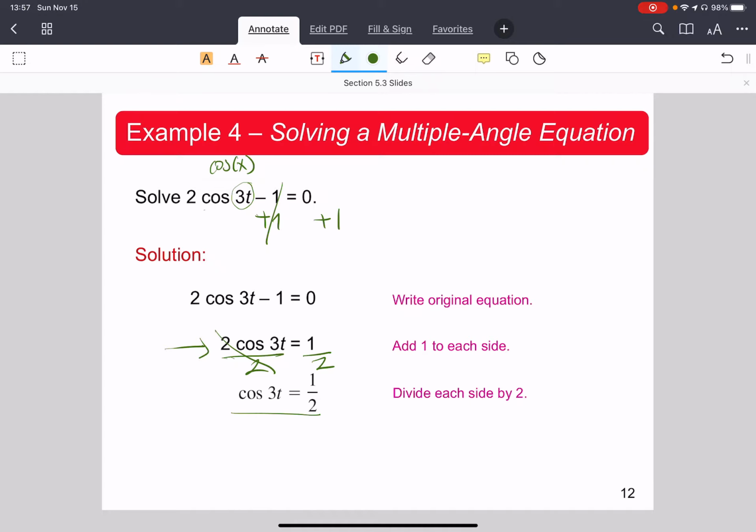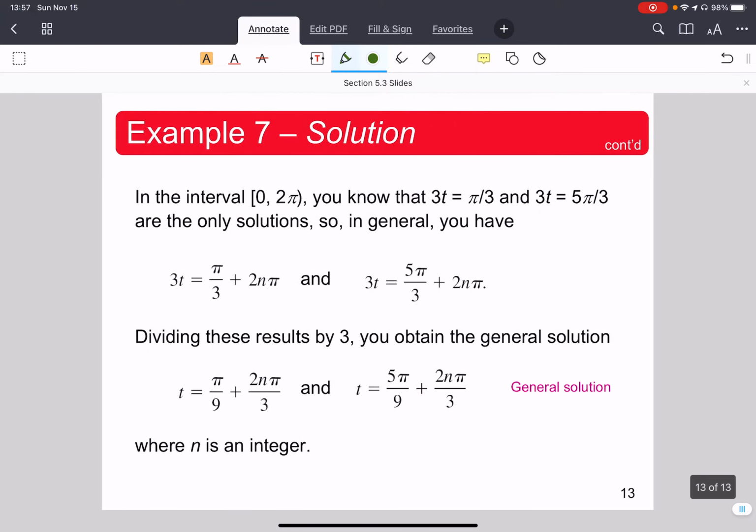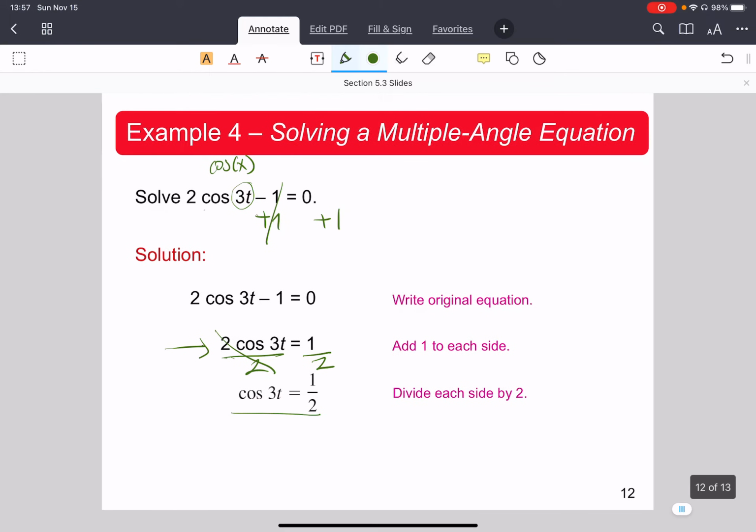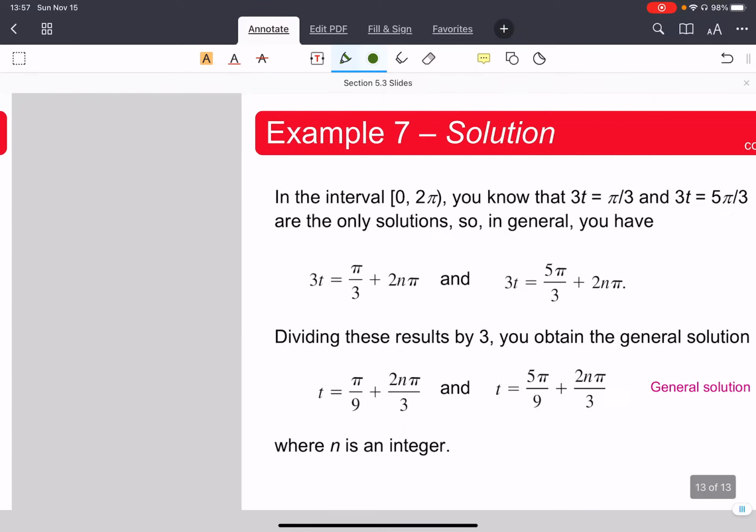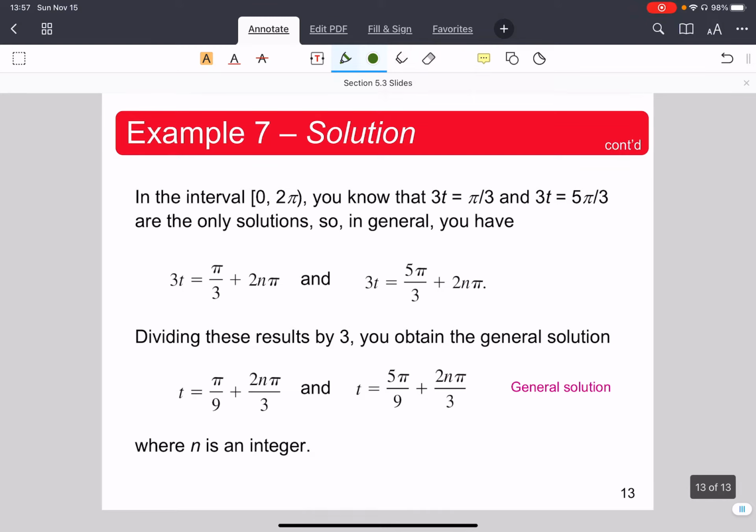So cosine 3t equals 1/2. So there comes the little bit of challenge. We know that the angles that make cosine x equal 1/2 are going to be 60 degrees or pi over 3, and 5 pi over 3.